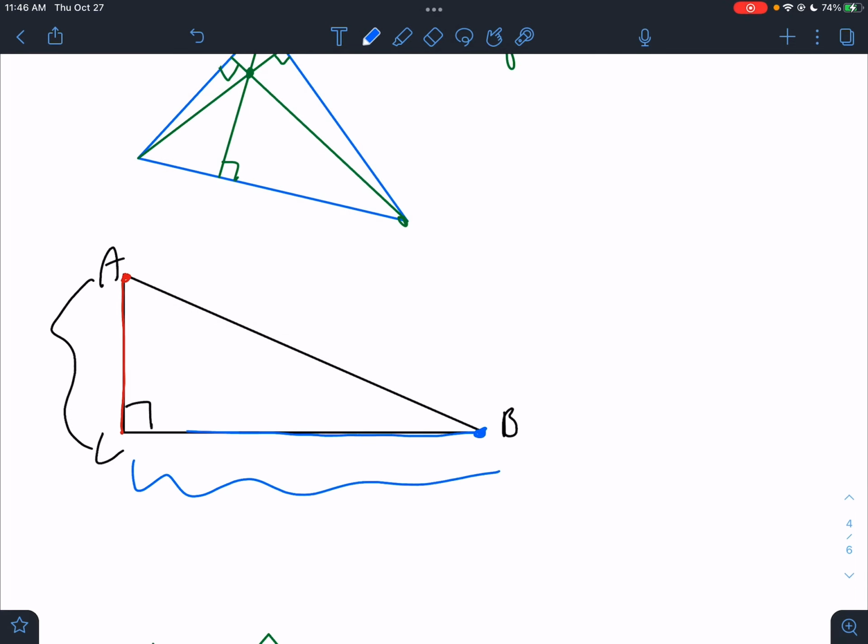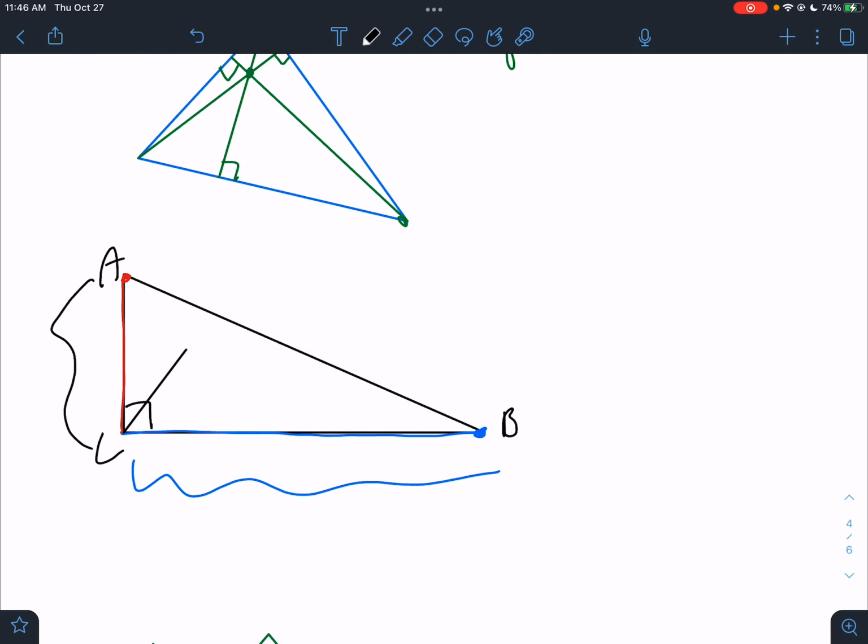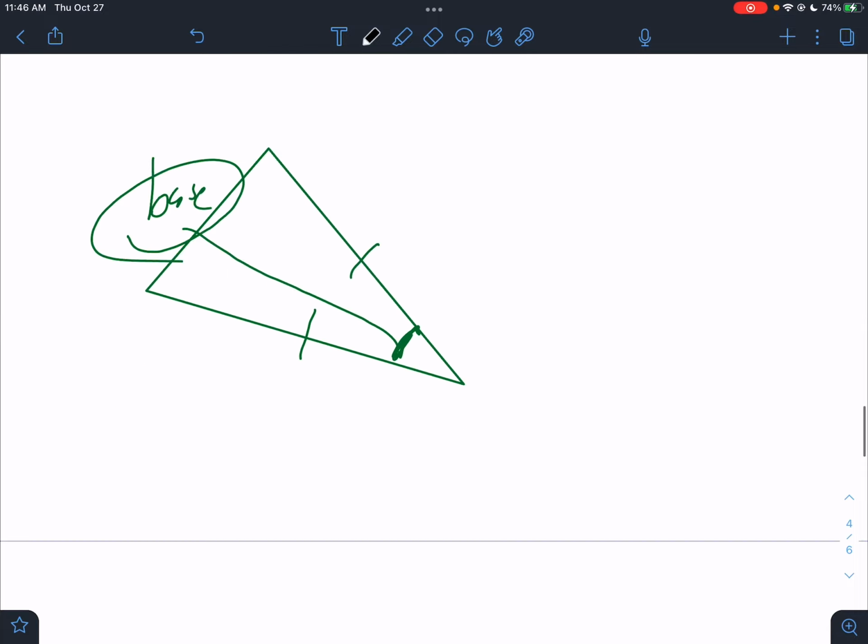BC starts at B and is perpendicular to AC. Remember, altitude doesn't mean vertical. It means vertex perpendicular to the opposite side. And then the third altitude is actually in the triangle. So on this shape, the orthocenter is the right angle. There's my orthocenter.